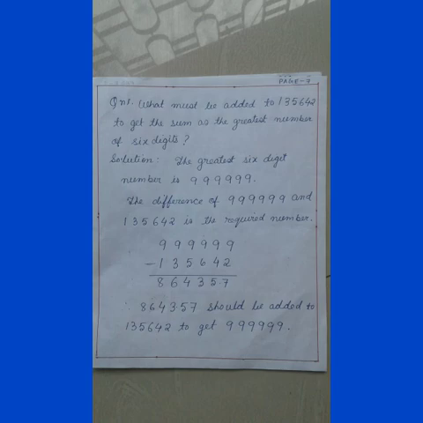That is, if we subtract 135642 from 999999, we get the answer. We got 864357 after subtraction. Therefore, 864357 should be added to 135642 to get 999999.